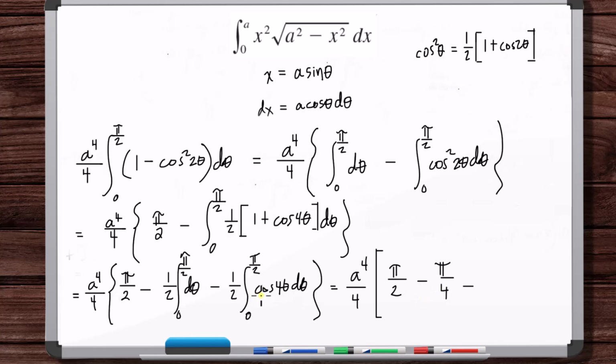Okay, now the integral of cosine 4 theta is 1/4 sine 4 theta. So we could take out a 1/4, and then we're just evaluating sine 4 theta from 0 to pi over 2.